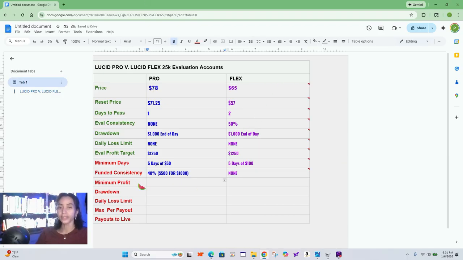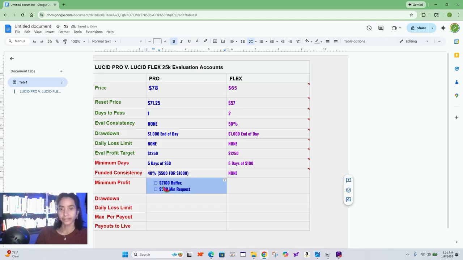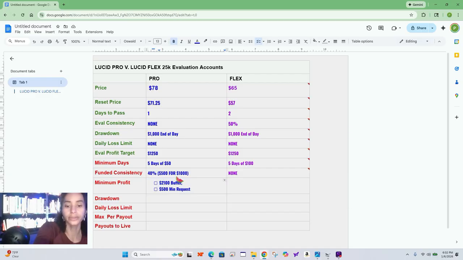All right, so the minimum profit needed in the Pro account in order to request a payout. So you have to reach a 26,100.